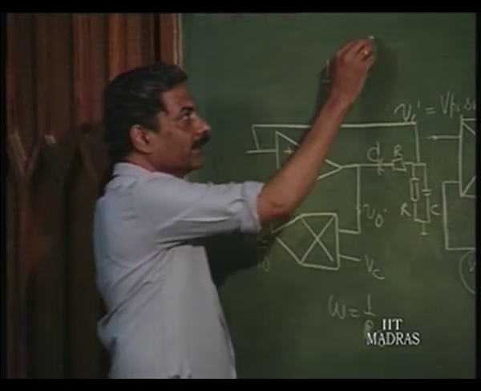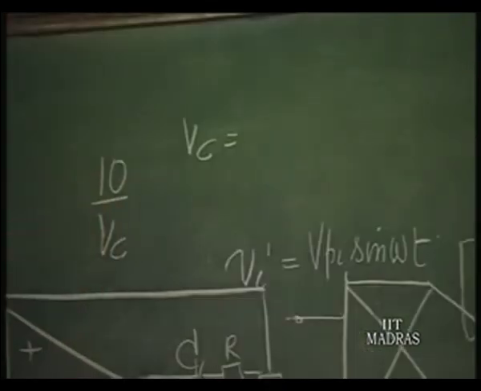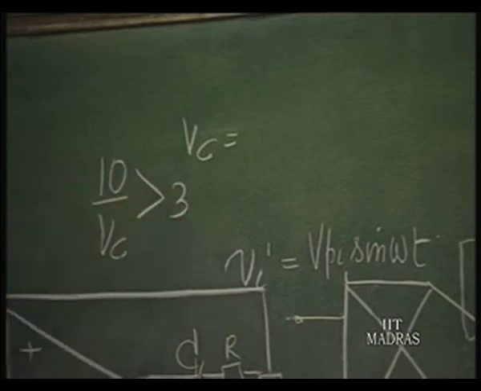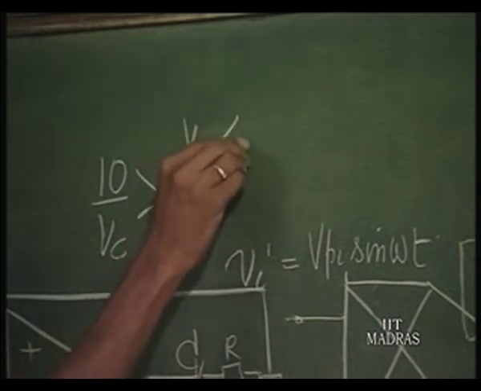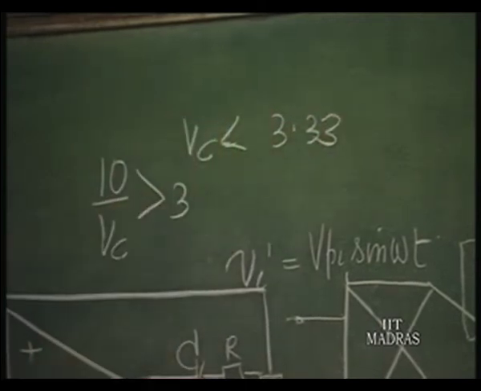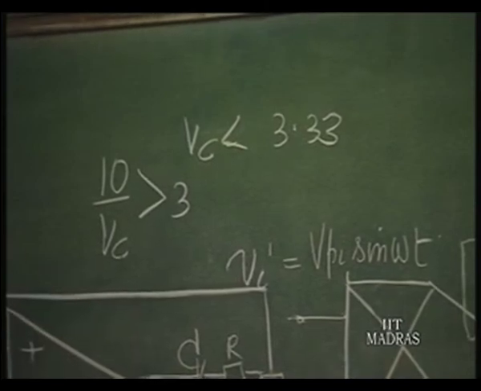So, we have to fix Vc such that the gain is greater than, let us say 3, that is needed for this. So, Vc should be such that the gain is greater than 3, or Vc should be in fact less than 3.33. Right. So, if Vc is kept less than 3.33, it will start oscillating.